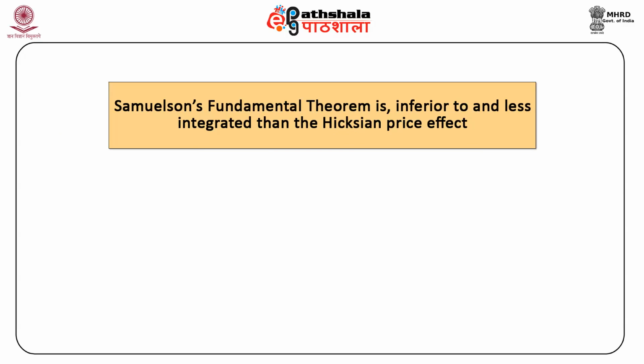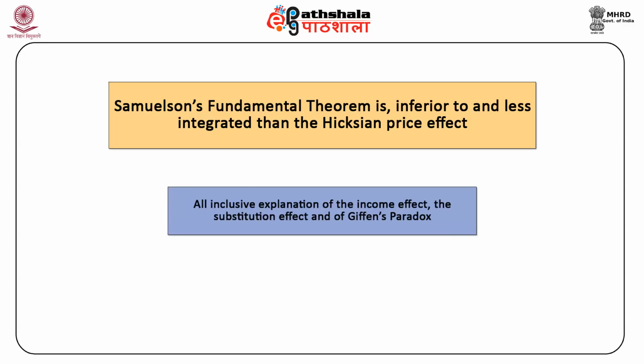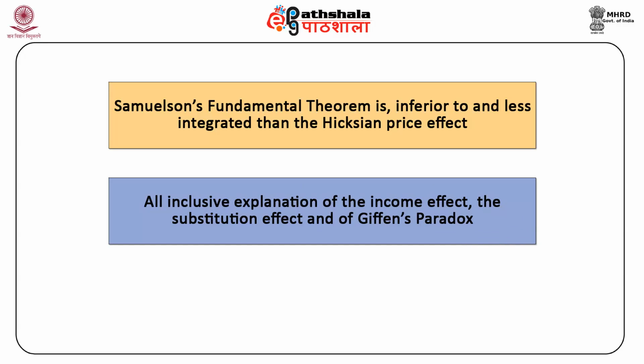Samuelson's fundamental theorem is therefore inferior to and less integrated than the Hicksian price effect, which provides an all-inclusive explanation of the income effect, the substitution effect, and of the Giffen paradox.